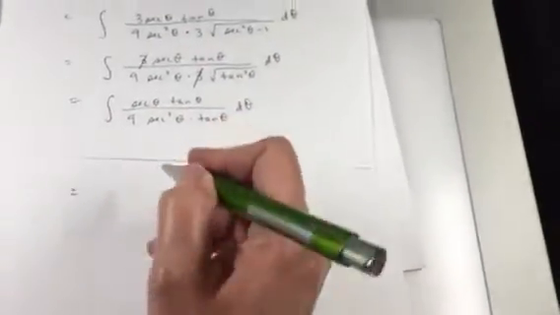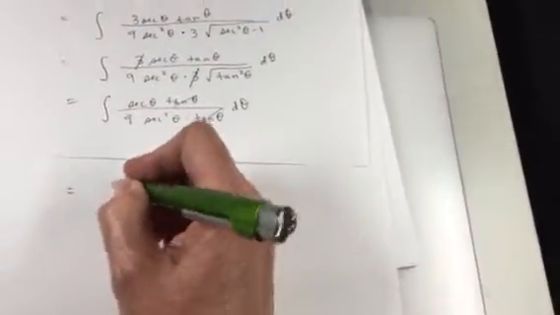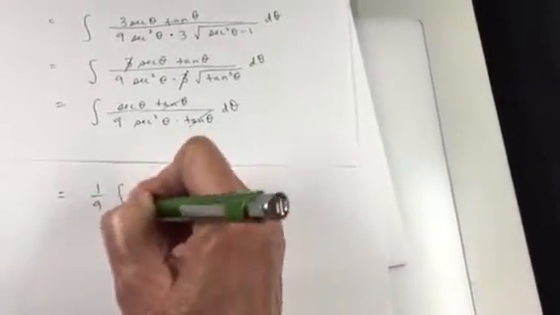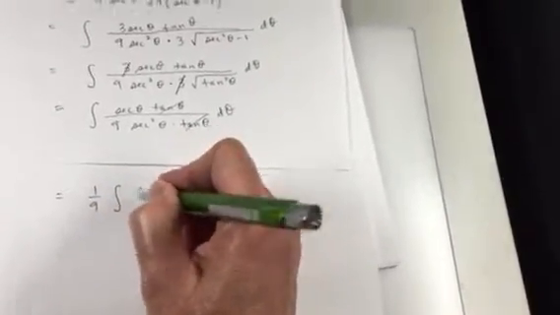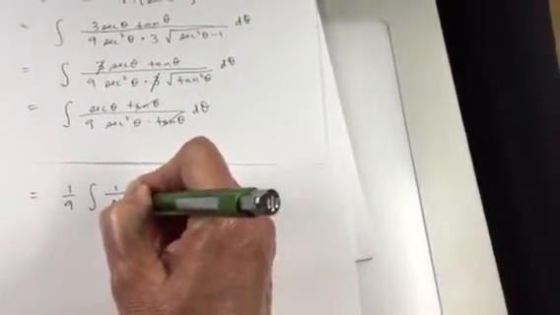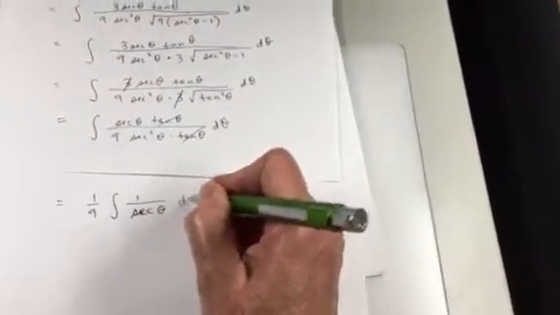Reduce the fraction. So I'm going to end up with tangent thetas cancel. The secant theta in the top will cancel with one of those secant thetas in the bottom. I'm going to pull the 1/9 out of there, and I'll get 1/9 times the integral of 1 over secant theta d theta.